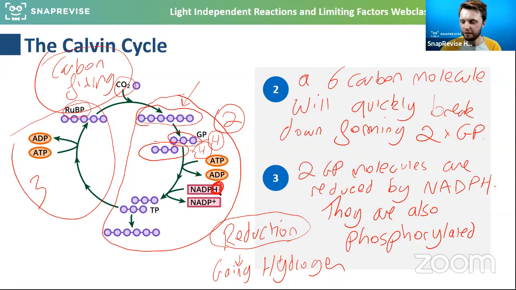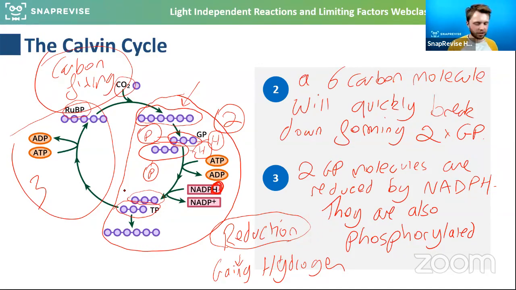The hydrogen from NADPH, reduced NADP, is added to GP. When you do that and add a little phosphate group to each one as well, it turns into a new molecule called triose phosphate, TP, or you can call it GALP if you are doing Edexcel.